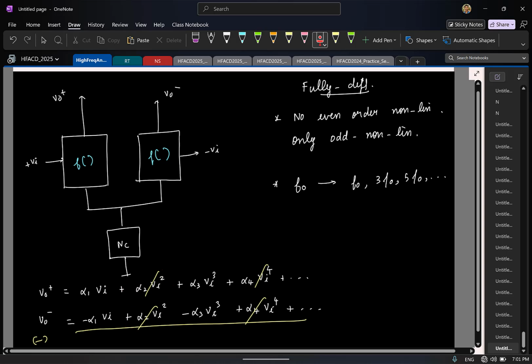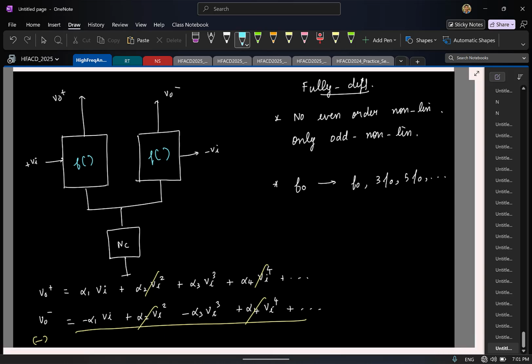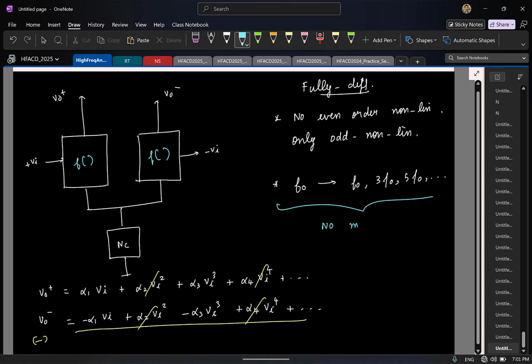You will still have some residual second harmonic, fourth harmonic, and so on. Typically they'll be very small, but it is not completely eliminated. So this is assuming there is no mismatch. If there is mismatch, you will have small even order nonlinearities, but not very significant, hopefully.